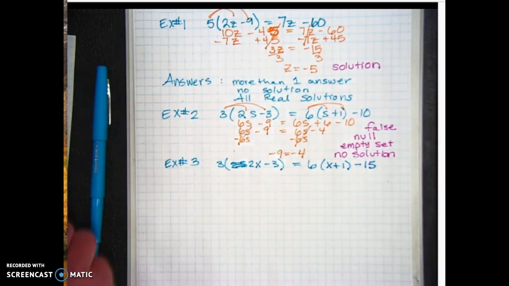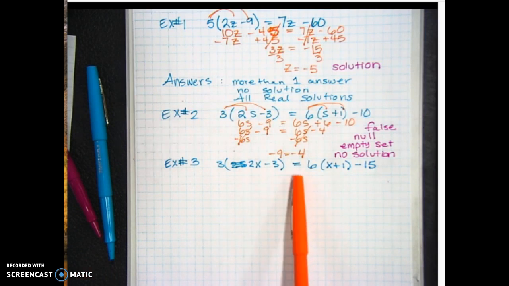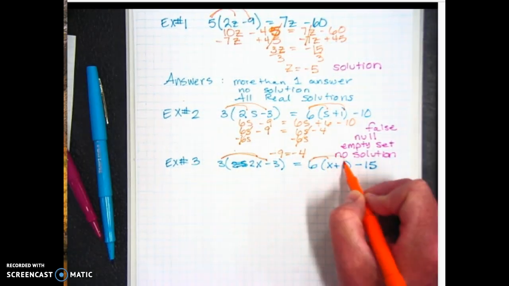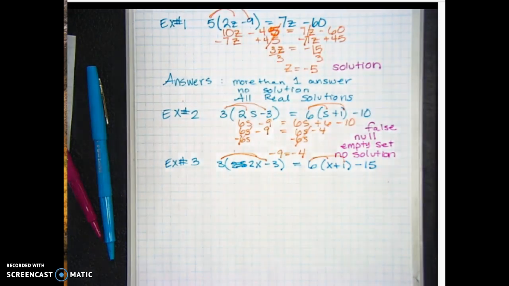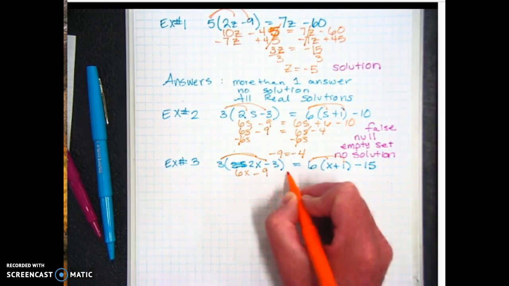All right, so for example number 3, we have 3 times (2x minus 3) equal to 6 times the quantity (x plus 1) minus 15 more. So again, double sets of parentheses. We've got some distributing to do and some simplifying. So 3 times 2x is 6x. 3 times negative 3 is negative 9.